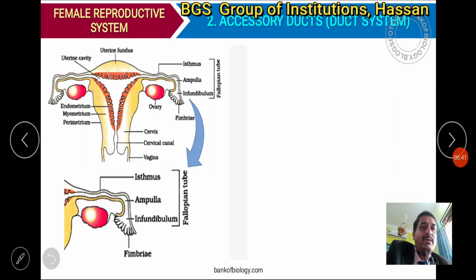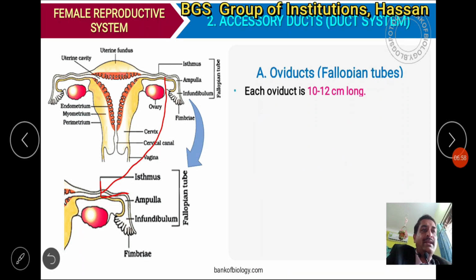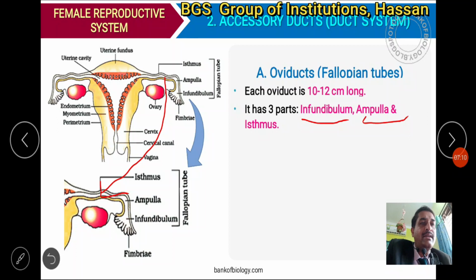Where can we see the fallopian tube in this diagram? Yes, here the fallopian tube is enlarged. The oviduct or fallopian tube is usually 10 to 12 centimeters long and has 3 major parts: the infundibulum, ampulla, and isthmus. Where can we see the infundibulum?